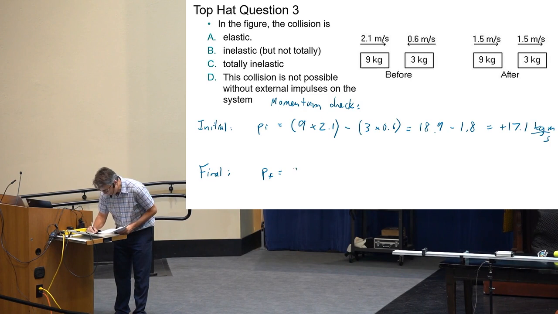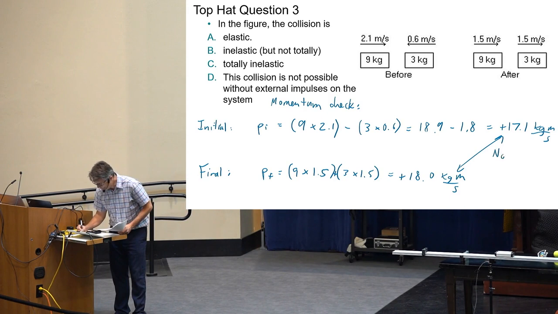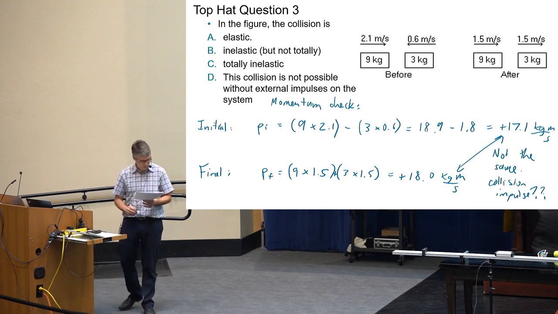And then finally, we've got 9 times 1.5 plus 3 times 1.5, and I got plus 18. So it wasn't quite the same. So there must have been some kind of external impulse changing the total momentum of the system. So not the same. So a collision impulse, which is weird. That usually doesn't happen in physics. Could happen though, I guess.